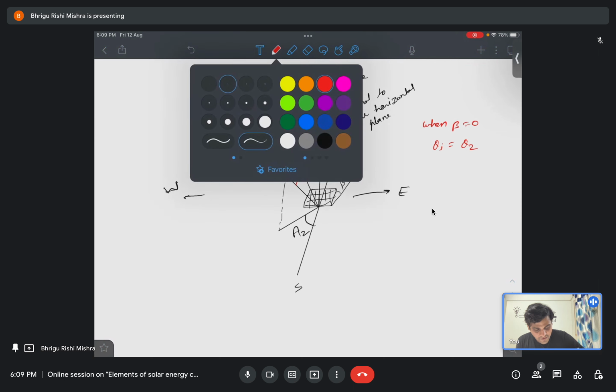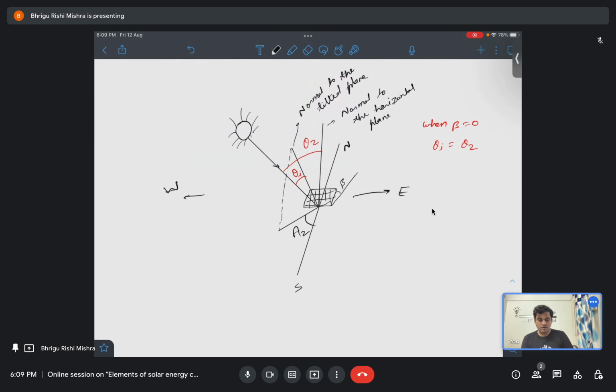Now if we take a projection of this sun ray onto the horizontal plane, it will look like this. The angle it makes with the south, this one, is called the solar azimuthal angle, AZS.